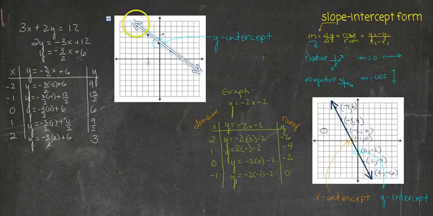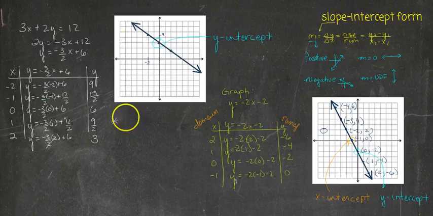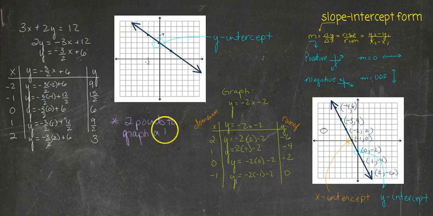So first thing to notice about graphing lines is that we only need 2 points. So you need 2 points to graph a line. The extra points are maybe helpful, but they're not necessary. 2 points to graph a line.